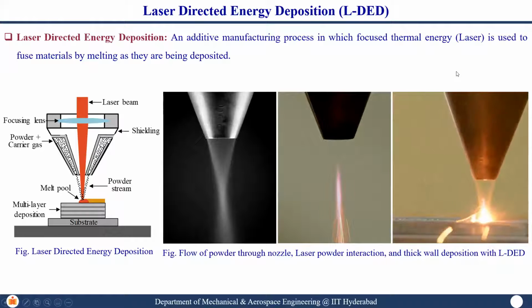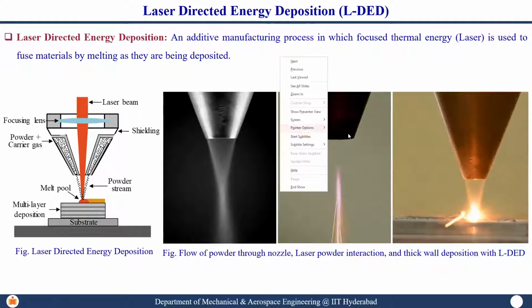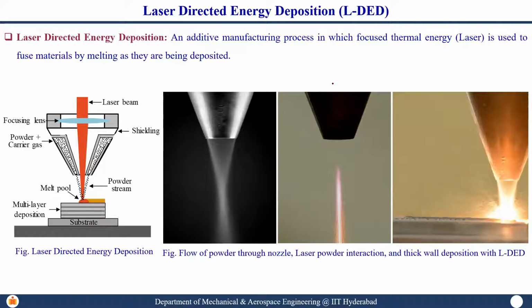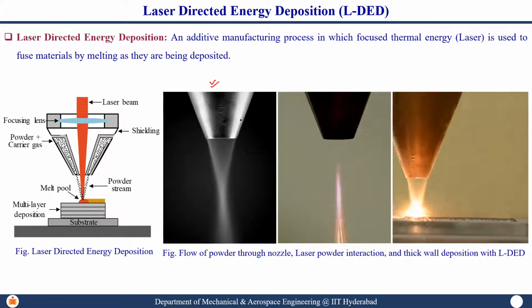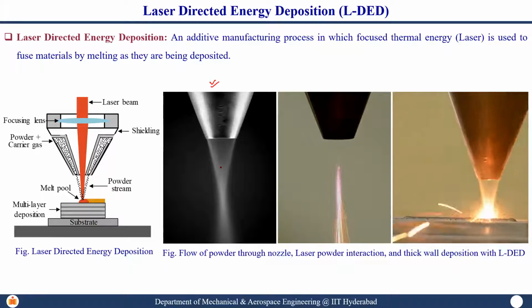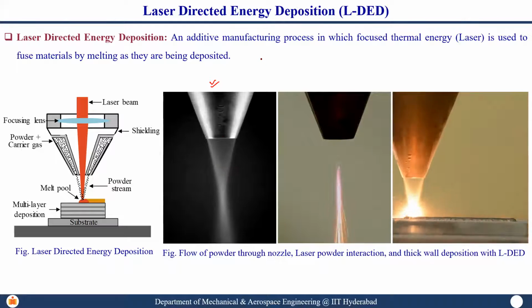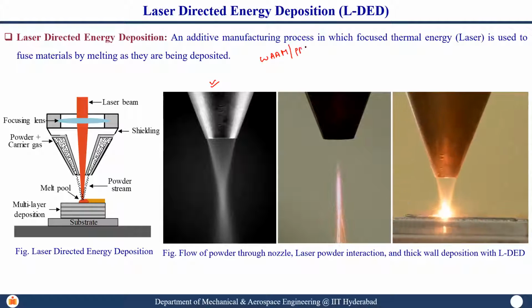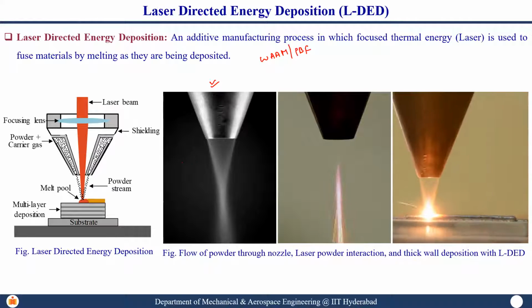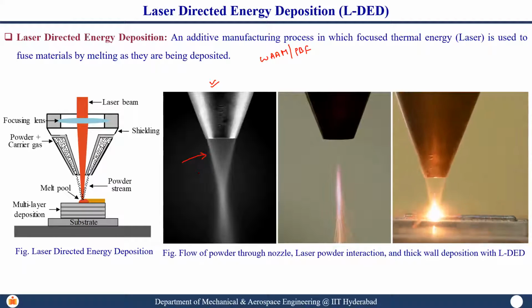So this is how the process looks. In step 1, you have a coaxial nozzle, and you start feeding the powder through this particular nozzle. Compared to your VAM process or powder bed fusion process, here the powder is blowing, or it is moving.